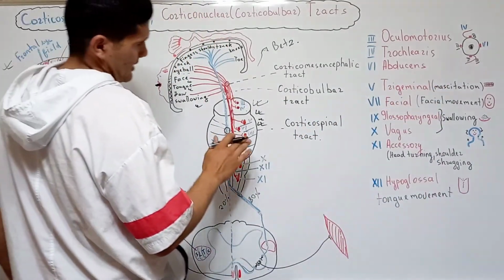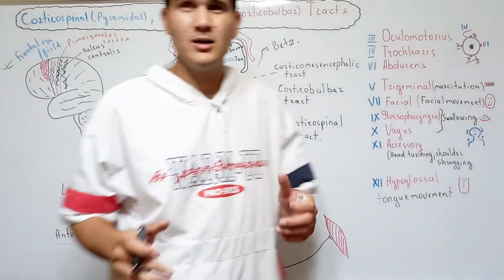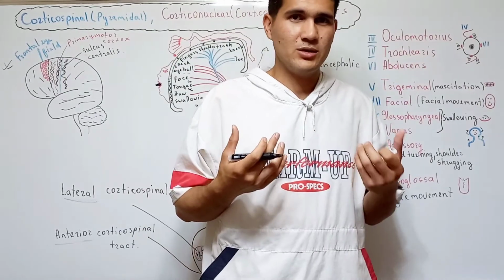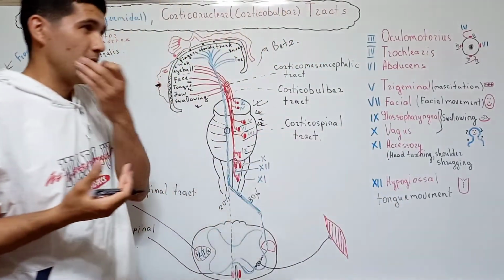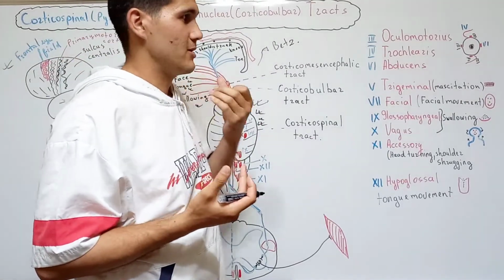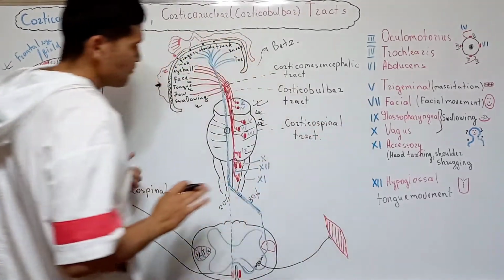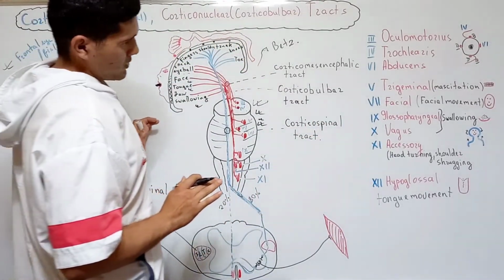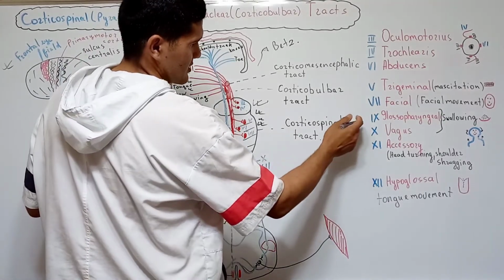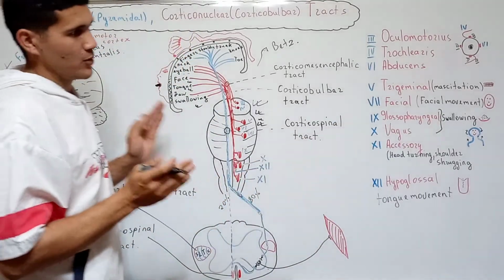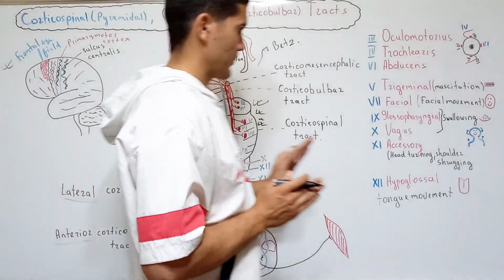And the next one is the facial nerve. With the facial nerve, you can show your expression by smiling and crying and so on by contracting your facial muscles. All of these actions are performed by the facial nerve. Okay. And the next cranial nerves from the brainstem are the glossopharyngeal and vagus nerves. Both of them participate in swallowing.